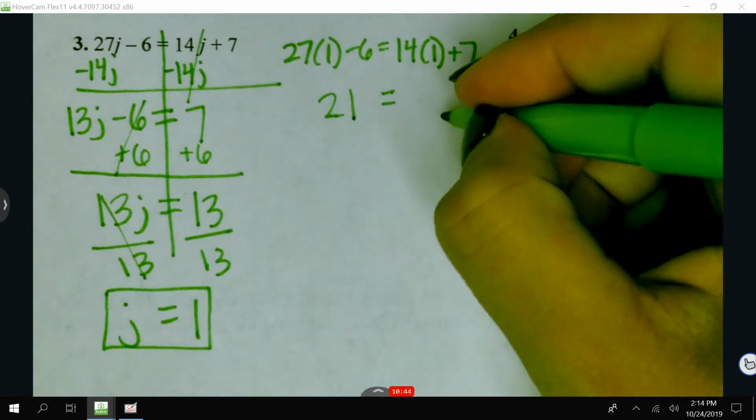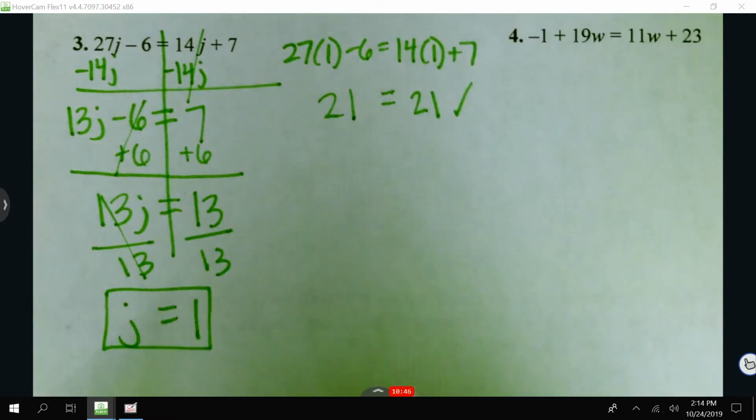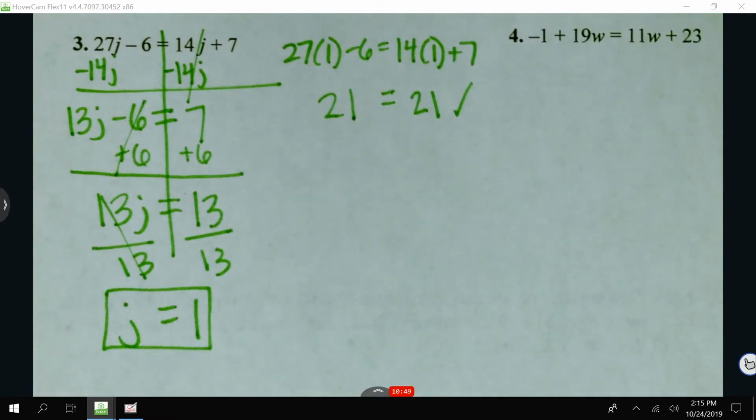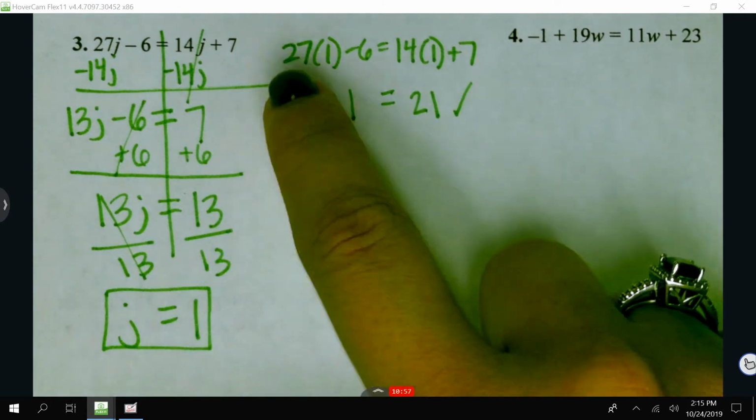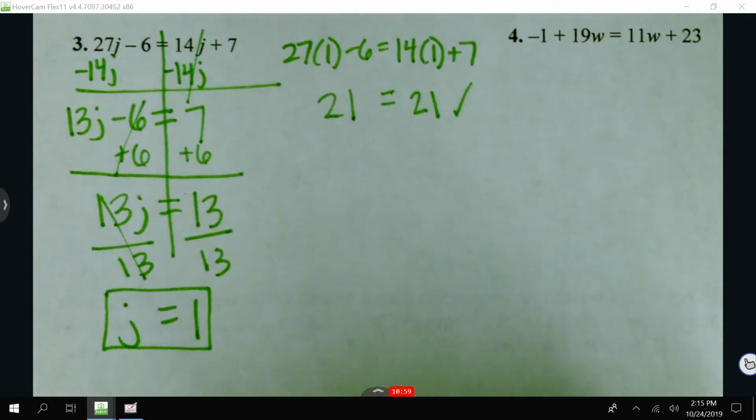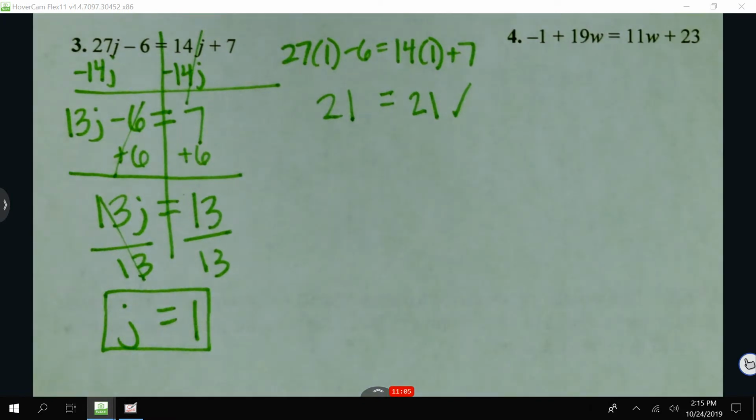Yes, it does. 21. Will it always check like that? If you got it right, yeah. If you solved for J wrong, then no. And that's why we check it, so that if it doesn't come out like that, then you know you did something wrong. Questions?